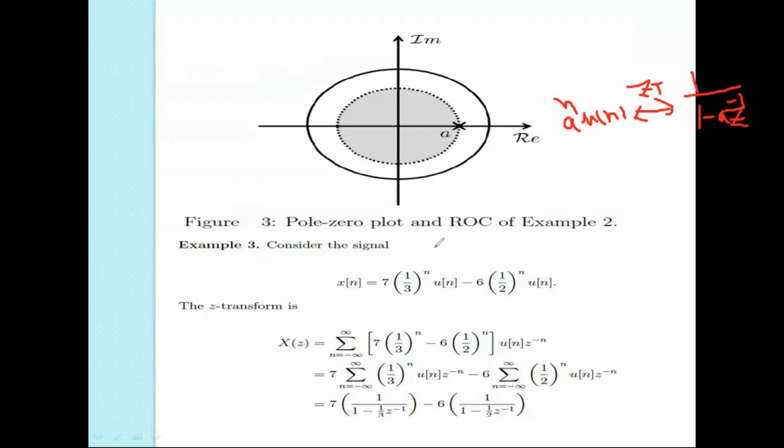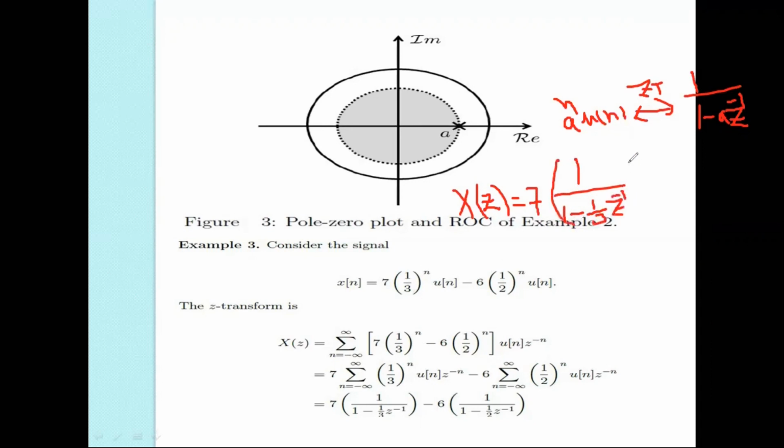What is the a here? 1 by 3. So the Z transformation of the given signal X of z is equal to, using this a power n u of n, I'm directly writing here, 7 is a constant, 7 into 1 by 1 minus 1 by 3 z inverse.